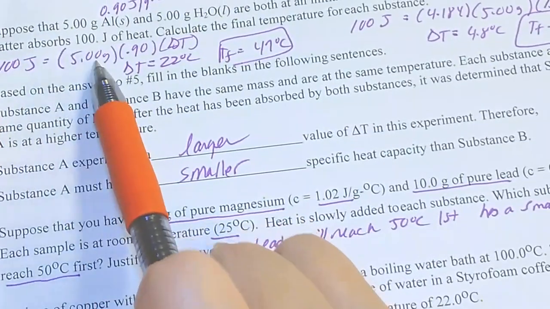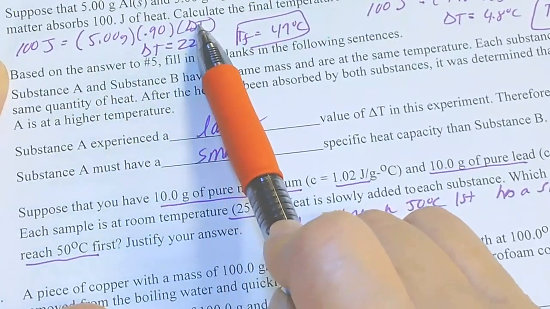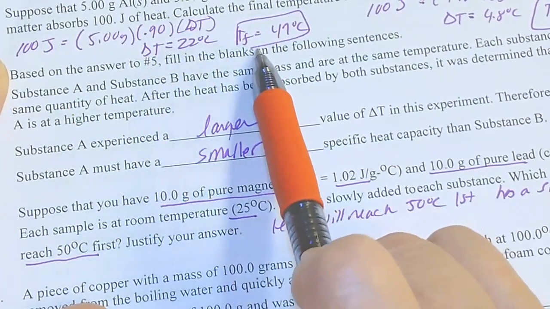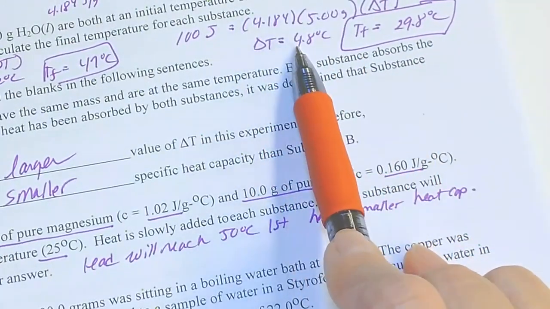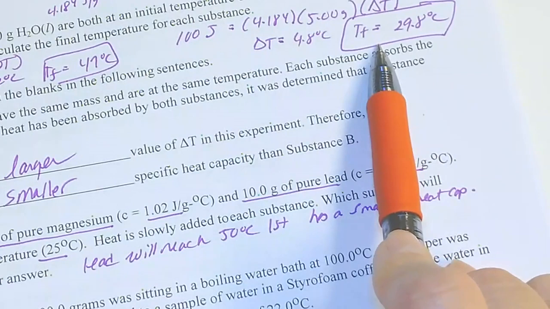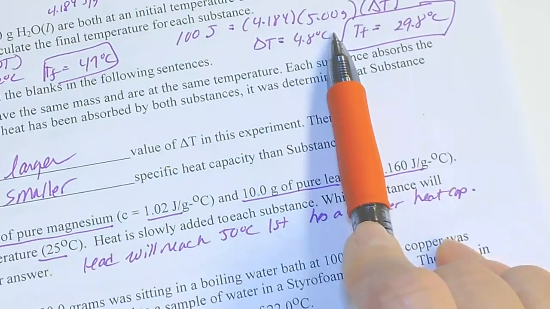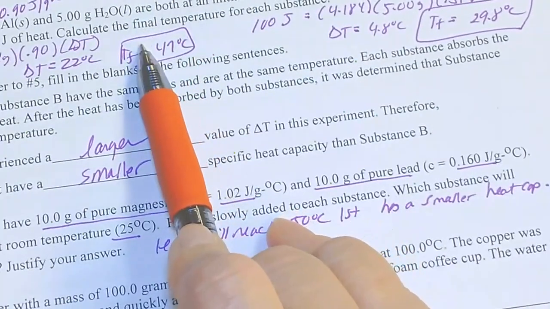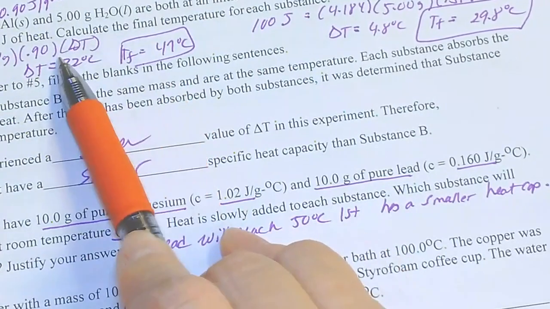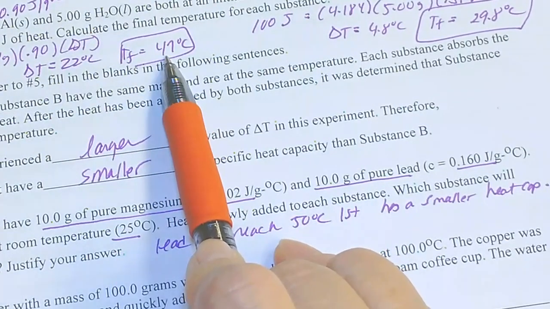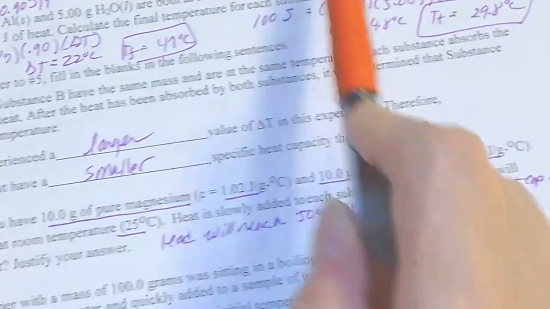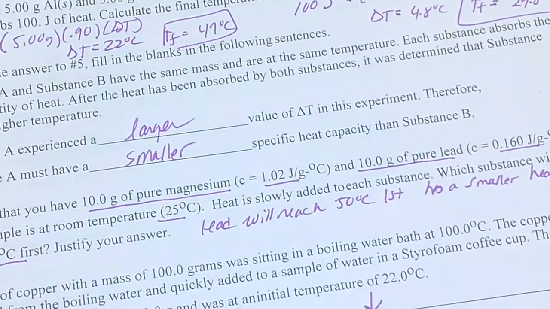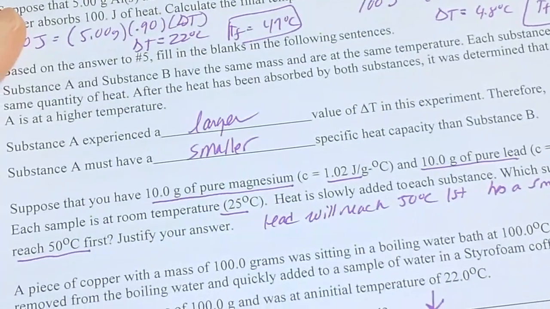So you've got 5 grams of your aluminum at its delta T, and 5 grams of your water at its delta T. So you absolutely have a change in temperature that's greater for the aluminum versus your water, because of the high specific heat capacity of water relative to aluminum.